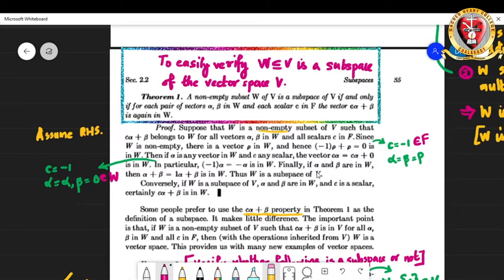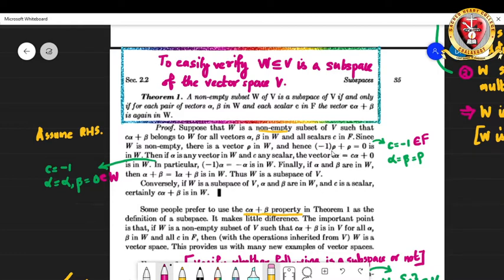Finally, if alpha and beta are in W, take C equal to 1, alpha equal to alpha, beta equal to beta. That means alpha plus beta can be written as 1 into alpha plus beta, that belongs to W. So what did we prove? We proved the first three properties of vector addition.